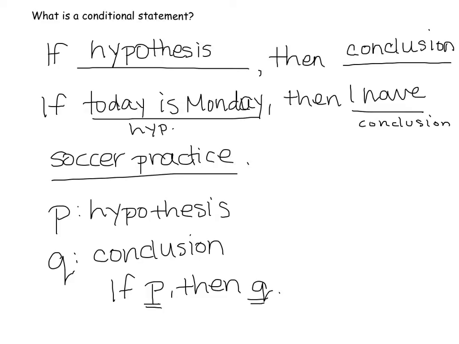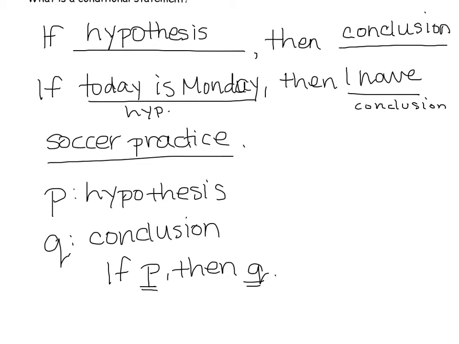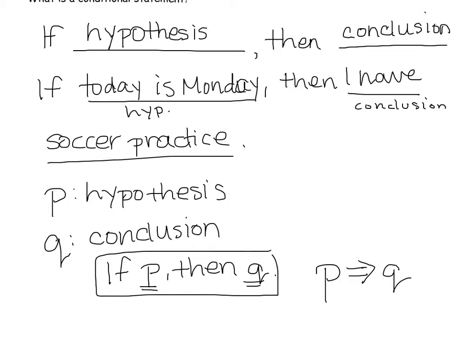You will also see it written as P implies Q. So this and this mean exactly the same thing. If P, then Q is the same as P implies Q. We can also read this second one as if P, then Q.